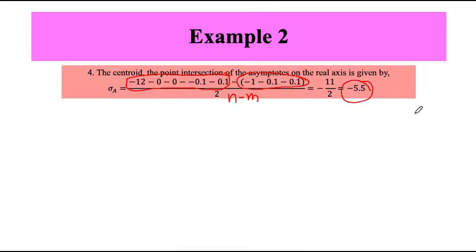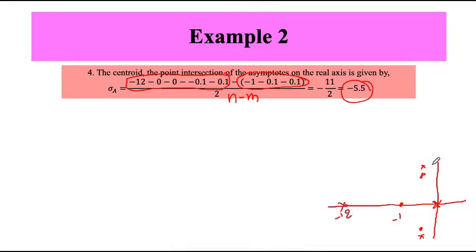Next, I would like to find the angle of departure. I will just redraw it once. I have here two poles, two zeros, with a zero at minus 1, then two poles here, and somewhere at minus 12 I have another pole.